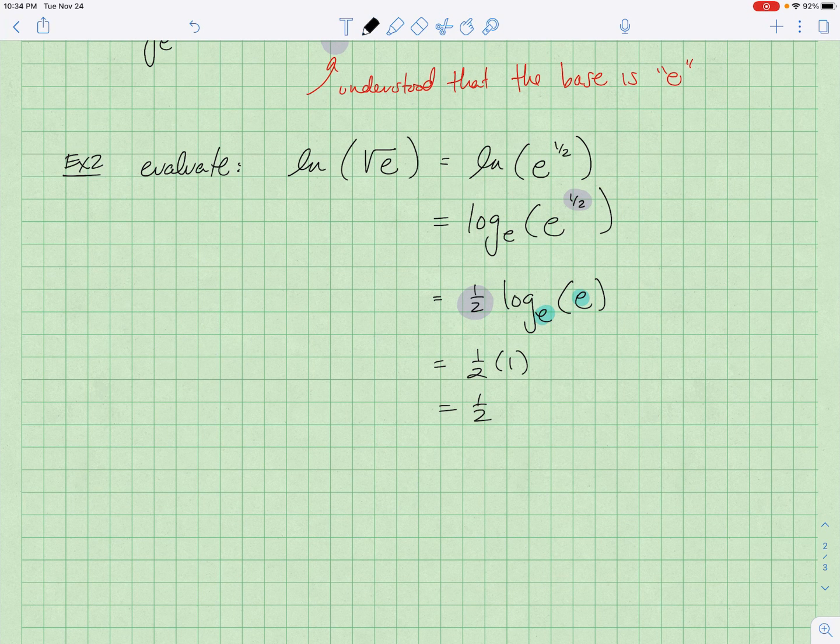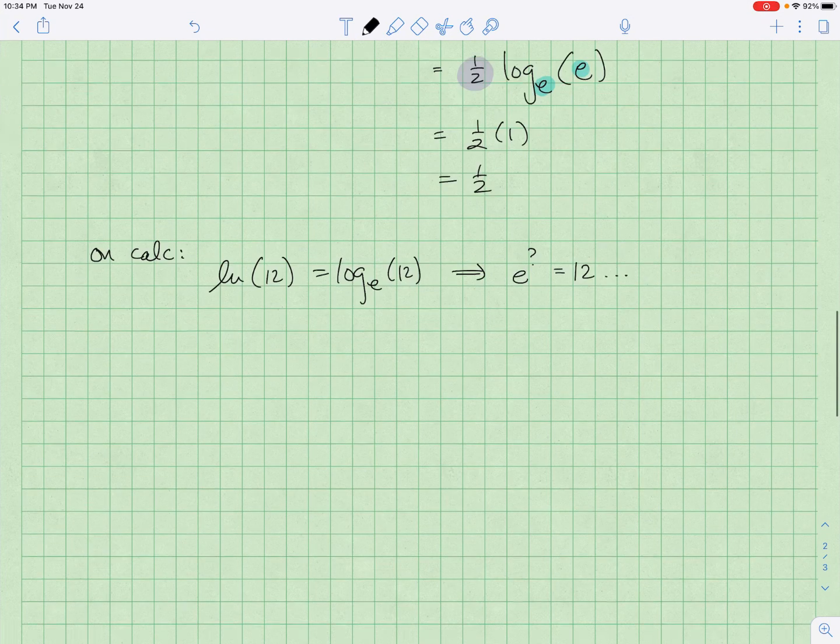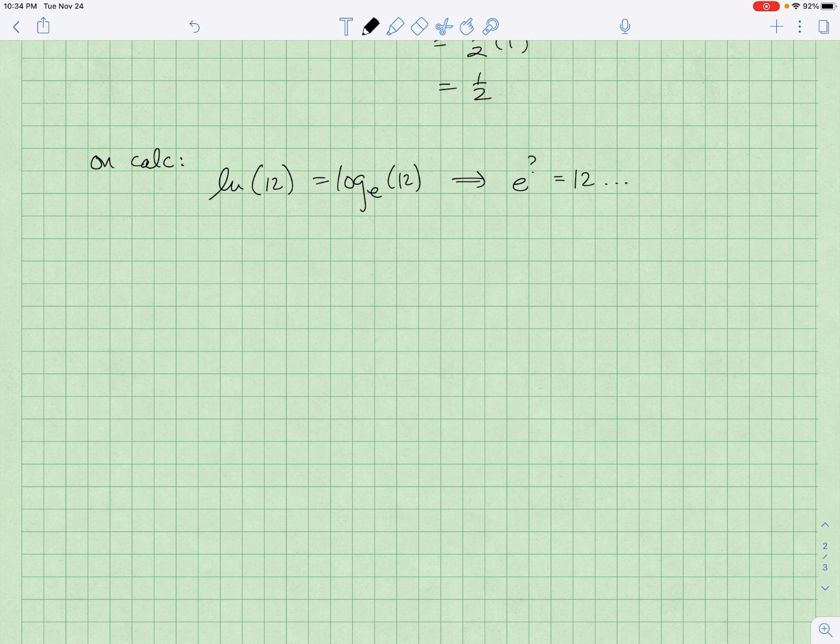So that's pretty straightforward. On your calculator, if you wanted to evaluate something like the natural log of 12, this is log base e of 12. And that means we're looking for the power required to turn e into 12. Well, if you want to figure that out, you should have a natural log button.